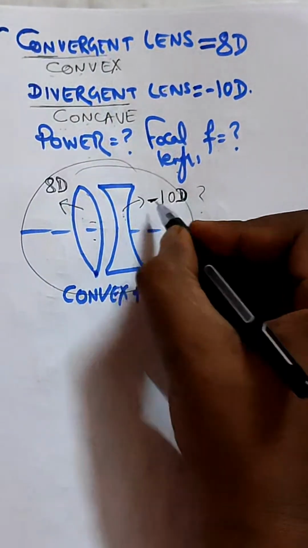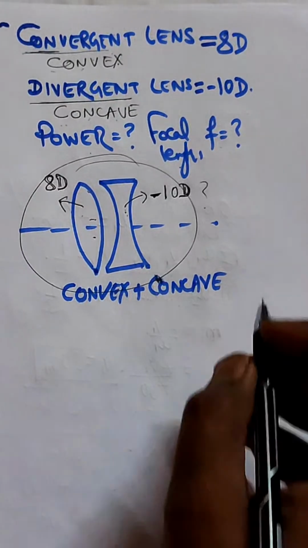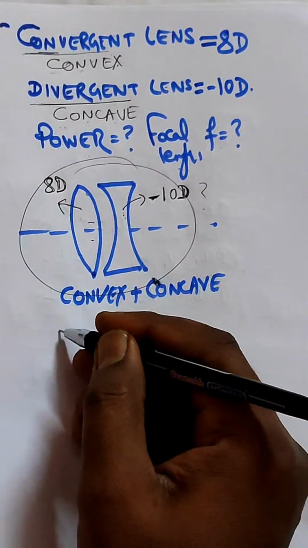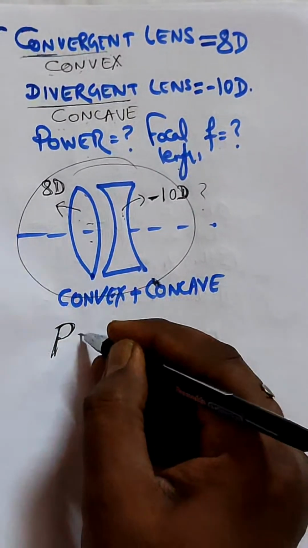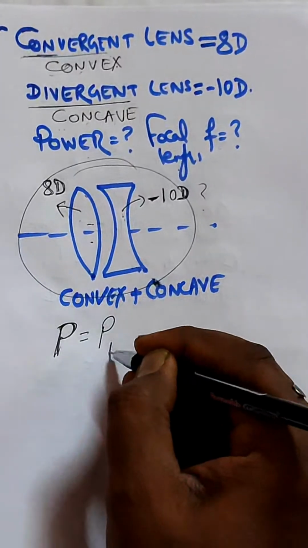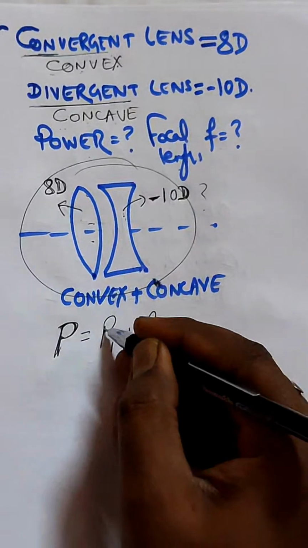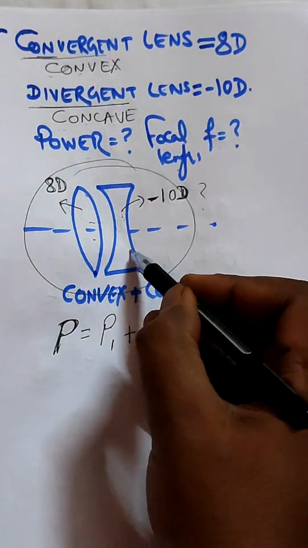This data is given to you in the question. Now we need to find the power of the combination. The total power of this combination can be given as P1 plus P2, where P1 is the power of one lens and P2 is the power of the other lens.